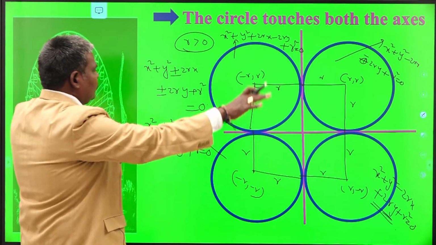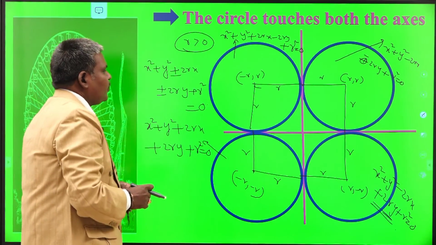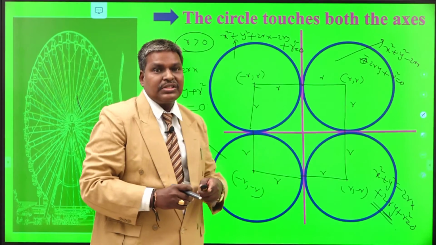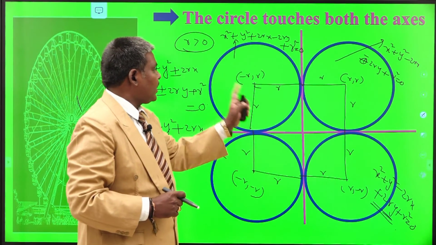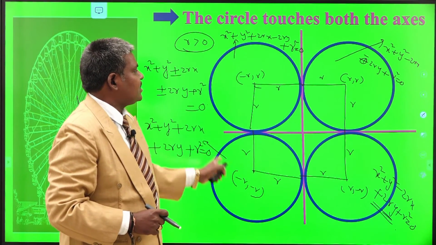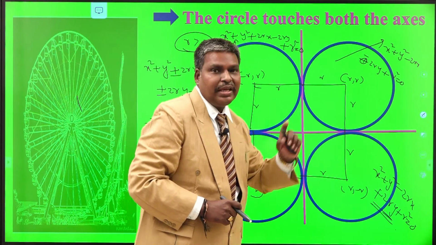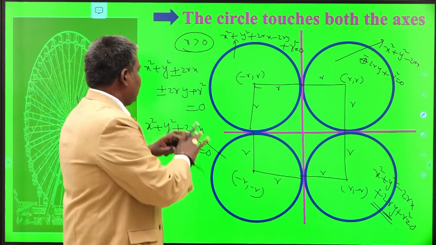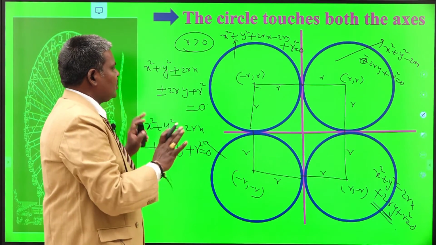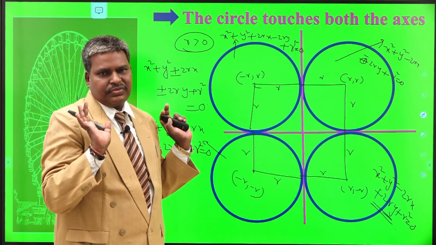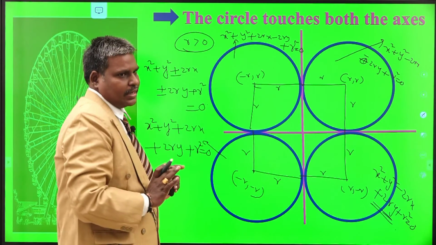In this manner, we can write the 4 equations having the same radius with different centers at the same time that touch both the axes. In this manner, without confusion, you can write the equation of a circle which touches both axes.